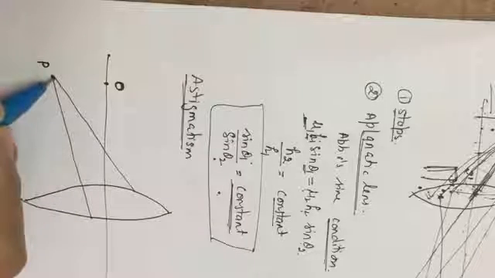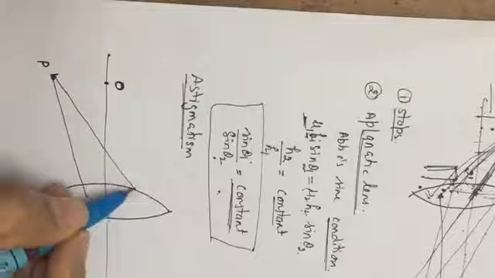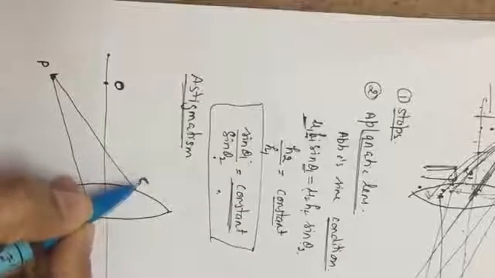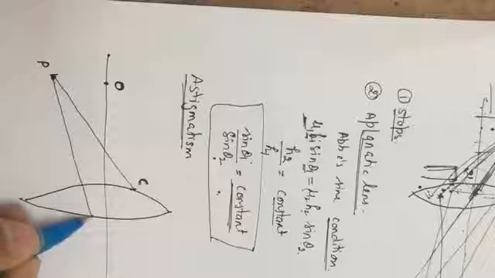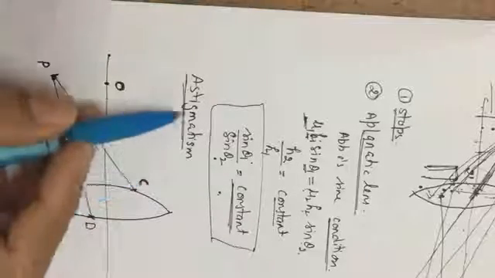Let us consider the light coming from point P meets the lens nearby at a point C and far away at a point D.